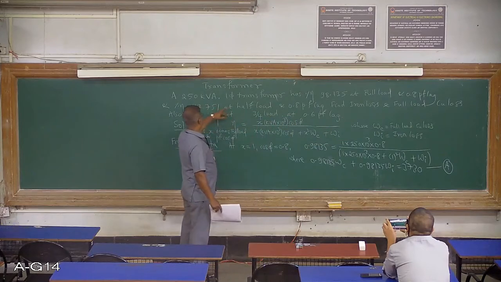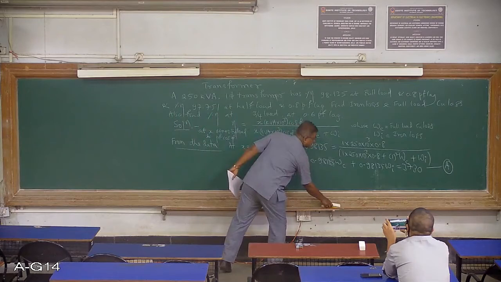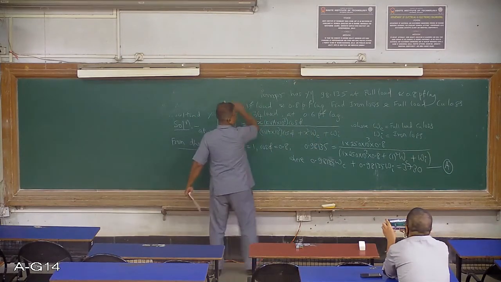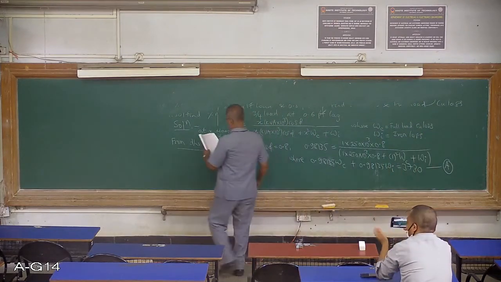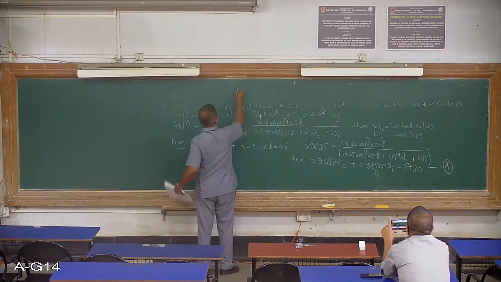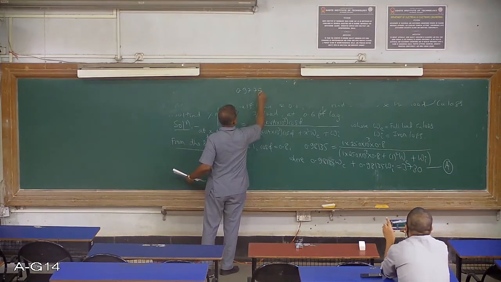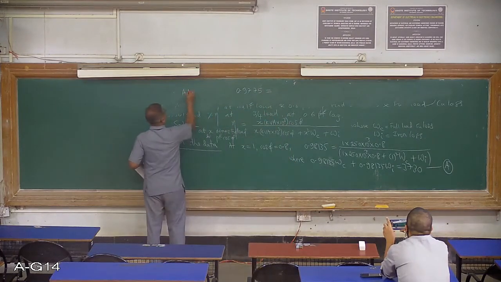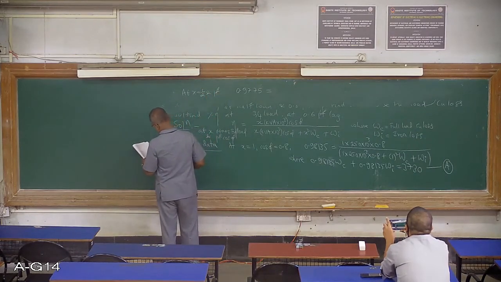Similarly, using the second data, we will create one more equation in terms of WC and WI as follows. The other efficiency is 0.97751 equal to half load and power factor 0.8.